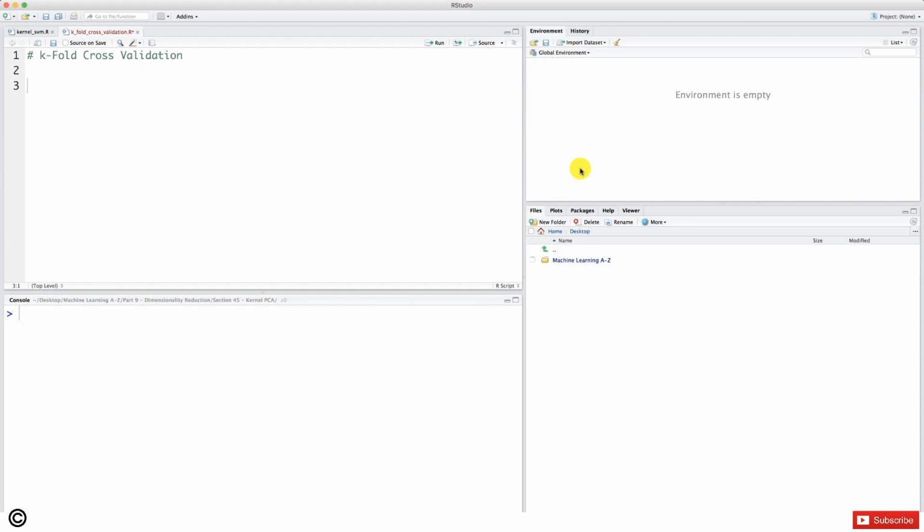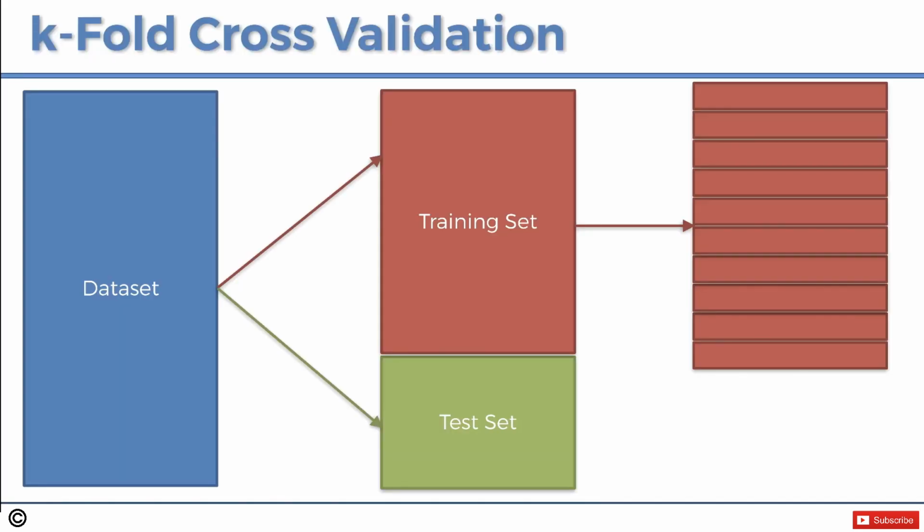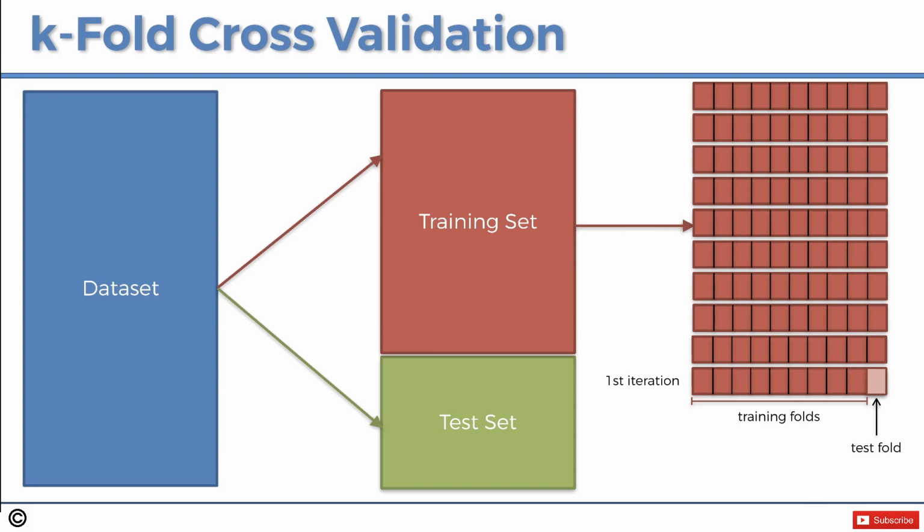And so there is this technique called k-fold cross-validation that improves this a lot, because it will fix this variance problem. And how will it fix it? It will fix it by splitting the training set into 10 folds when k equals 10, and most of the time k equals 10. We train our model on 9 folds, and we test it on the last remaining fold.